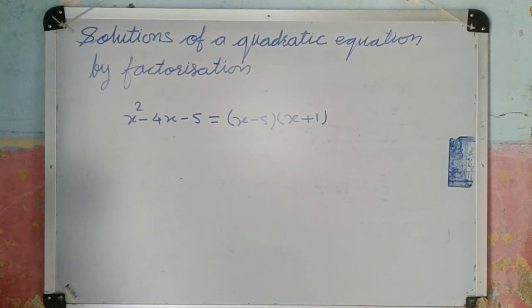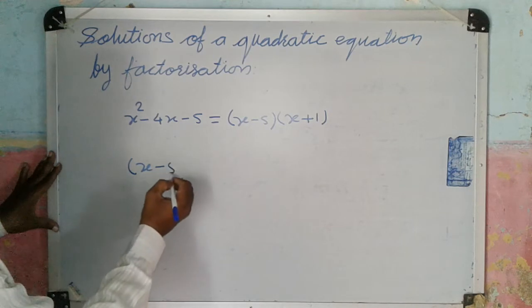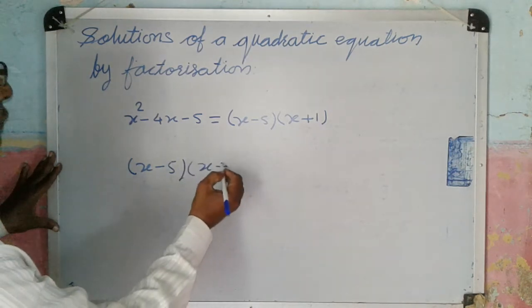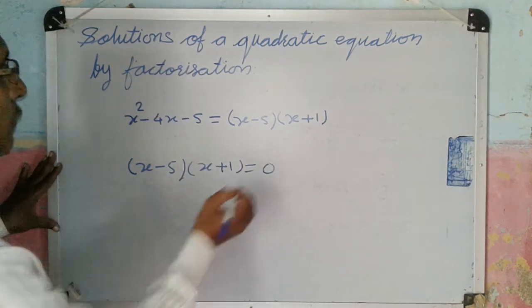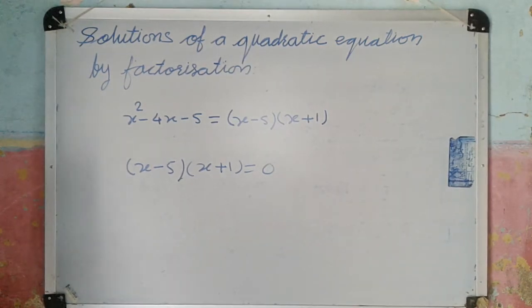Now suppose if we put x minus 5 into bracket x plus 1 is equal to 0, then this is the quadratic equation.